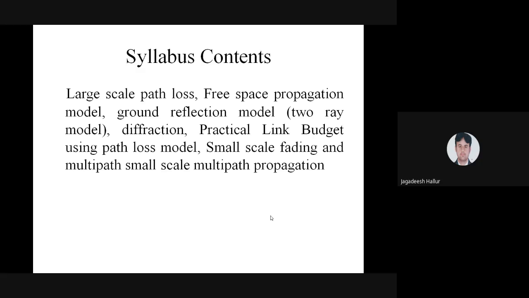These are the two links present in a practical link budget for calculating how many gains and how many losses are present in a particular system. That has to be calculated in the practical link budget using path loss model.